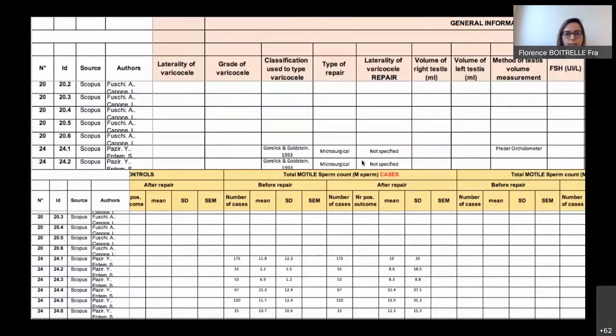Here is an example of our master spreadsheet, which had over 300 columns and 6 rows for each article.